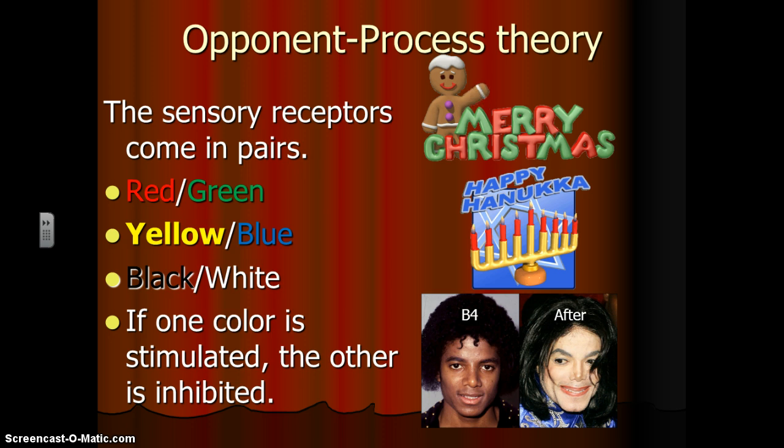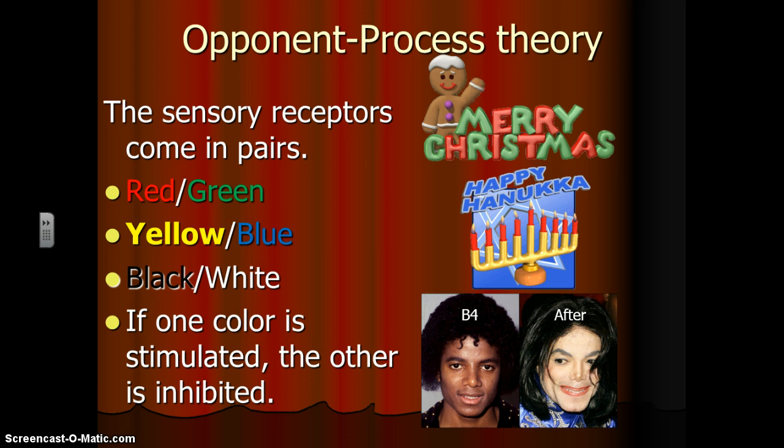Yes, we see different variations of gray, but in terms of these pairs, they're basically saying that these are opponent colors. Each member either inhibits or opposes the other. For example, when red is activated, green is inhibited, or in other words, turned off. Different colors are produced through different combinations of the pairs being activated at the same time.